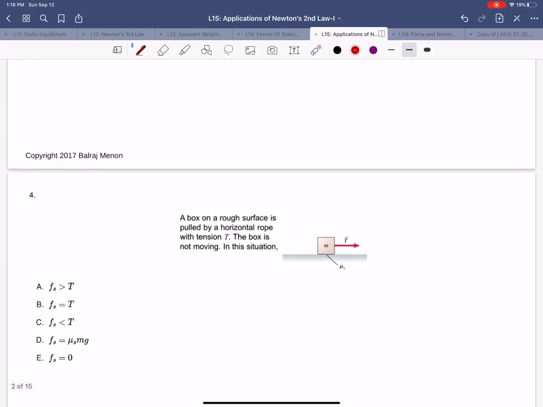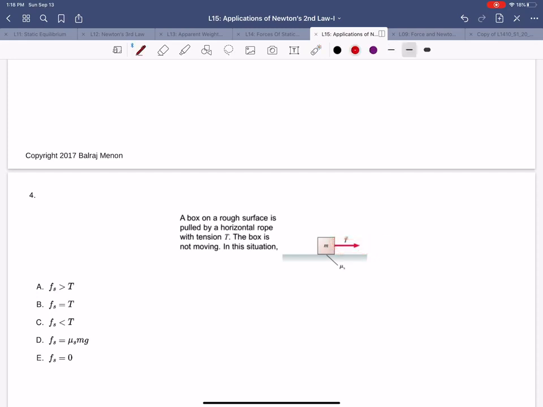Here's another question. A box on a rough surface is pulled by a horizontal rope with tension T. The box is not moving in this situation. Again, if you draw a free body diagram, you know the net horizontal force has to be 0. You've got the tension pulling to the right.